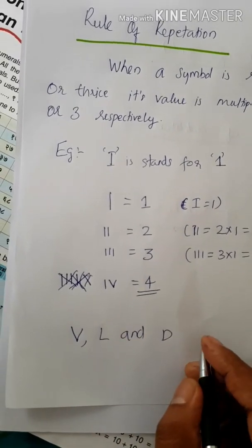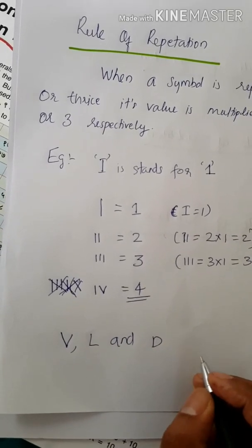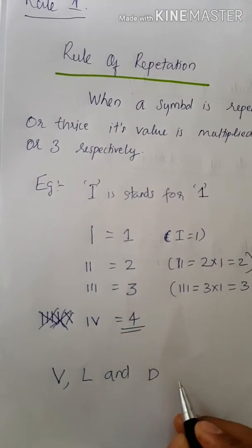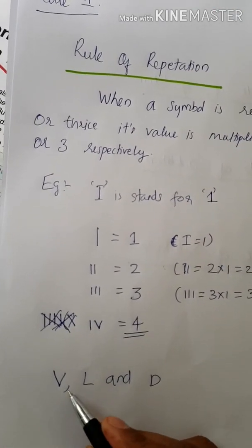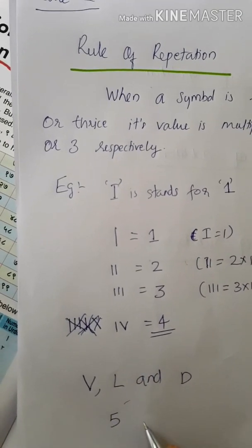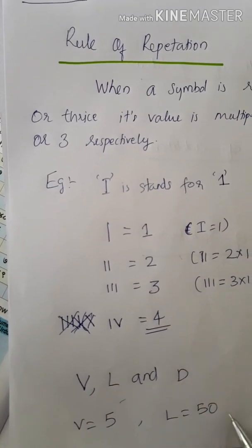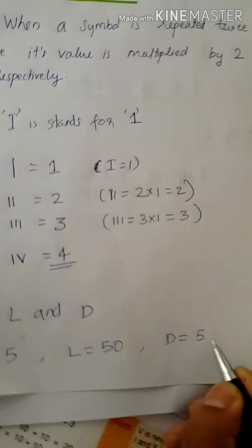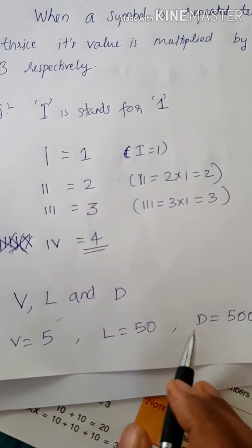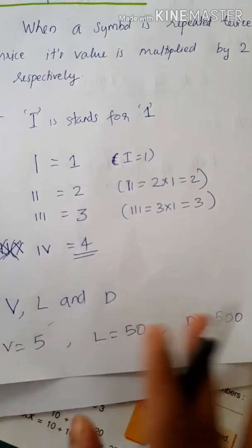These three symbols cannot be repeated. Means these 3 numbers cannot be repeated. V is equal to 5, L is equal to 50 and D is equal to 500. These 3 numbers are never repeated. Means we cannot repeat these 3 numbers.